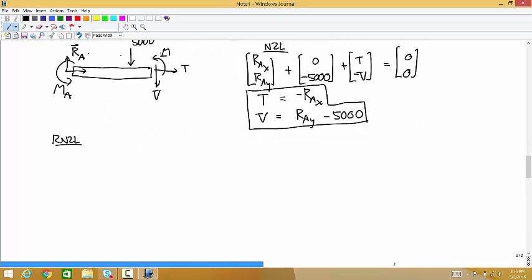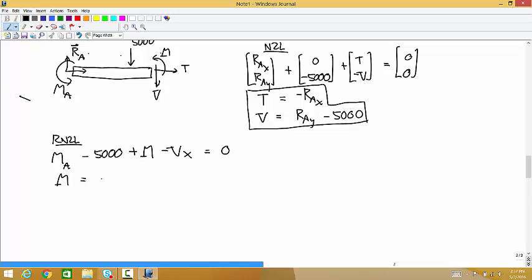And then the moment equation, MA minus 5,000 plus M minus Vx equals 0.